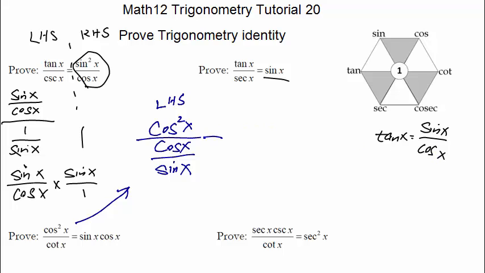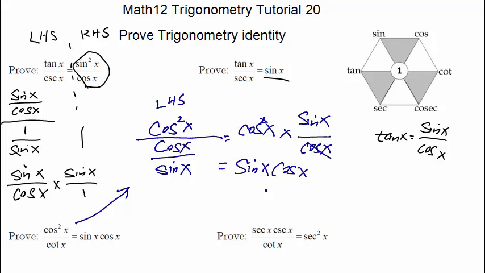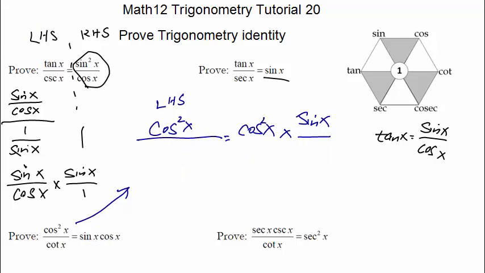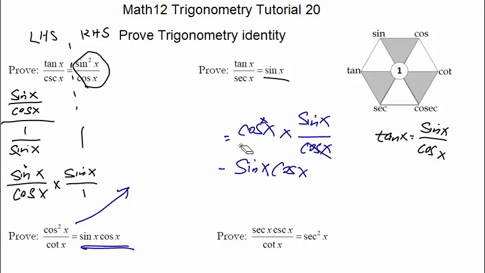So this equals cosine x squared divided by cosine x over sine x, which is cosine x squared times sine x over cosine x. One cosine x cancels with one of the cosine x squared, so it's just sine x and then cosine x. Done. Exactly the same. This is a very straightforward question.